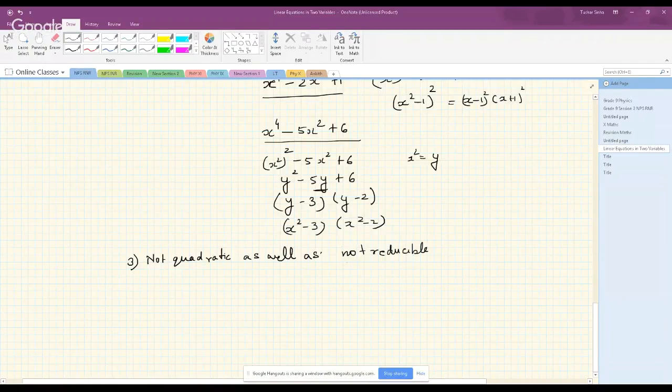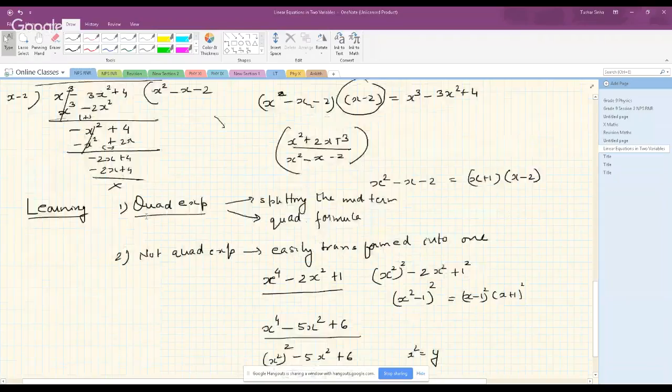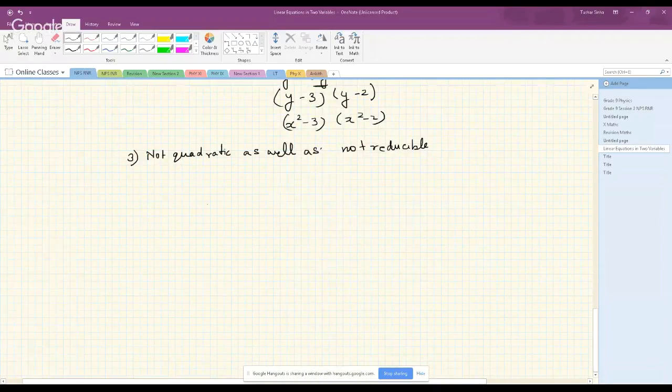We just saw above the expression x cube minus 3x square plus 4 and all that. In such a case, you will use the factor theorem. Factor theorem means try to find one root. You may have to use trial and error a bit, but your sense of graphing can help you there.